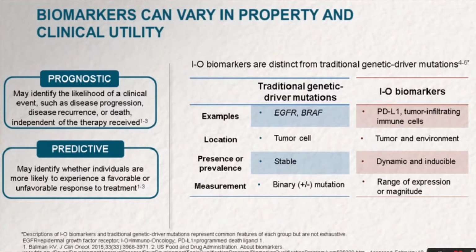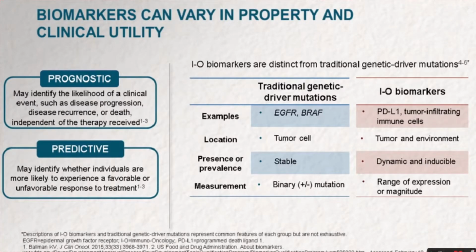These are mutations that occur only in the cancer cells. They're not in the surrounding stromal cells. They tend to be stable, so even when the cancer metastasizes, you may still find these so-called founder and driver mutations in the metastatic clones. And often their measurement is binary. It's either present or not, making it easy to select a treatment in this instance.